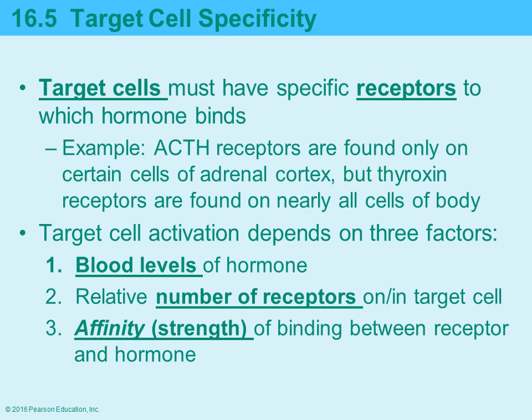So if the blood levels of the hormone are very low, chances of it being able to bind to the receptor are going to be lower than if you have higher levels of the blood hormone. So the blood levels, the number of receptors, and then third would be what we call affinity. That's the strength of the binding between the receptor and the hormone. How well are they attracted and physically bind to each other?